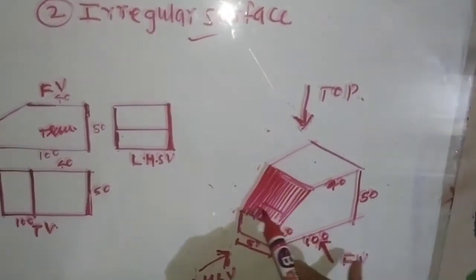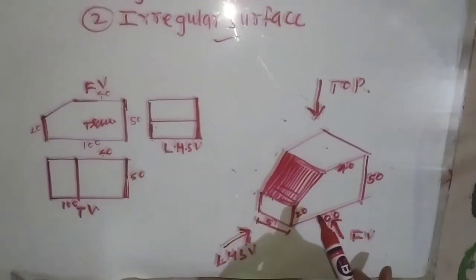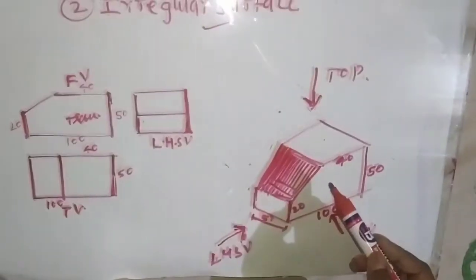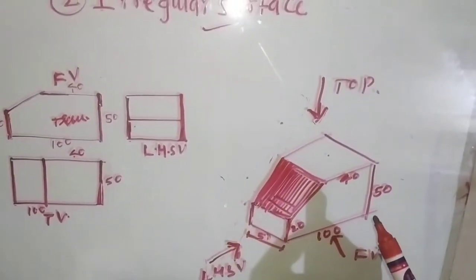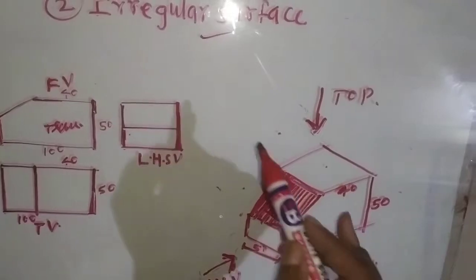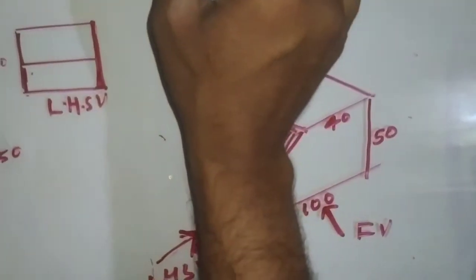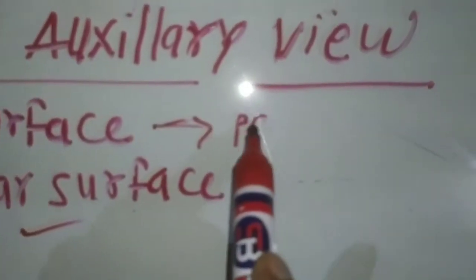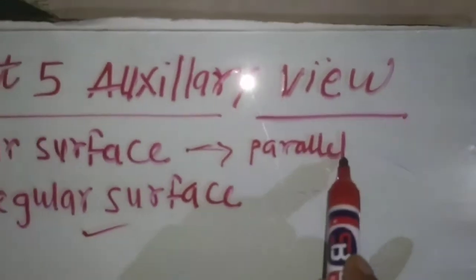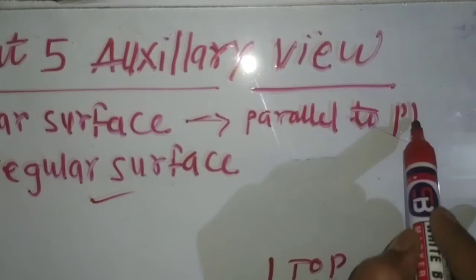But if you consider this surface here, this surface is inclined with respect to HP, and perpendicular to VP. Now which is the regular surface? The surface which is parallel to the principal plane.